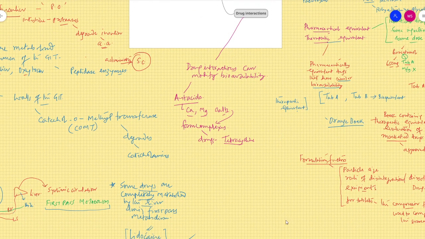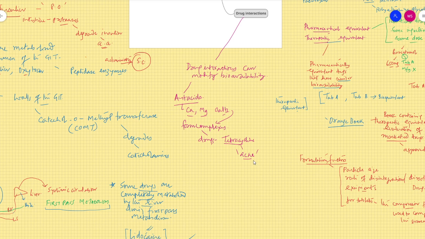So if you are giving tetracycline for systemic effects, say for acne, the aim is that tetracycline gets into the systemic circulation, and then it acts against the causative agent of acne. What's the causative agent of acne?